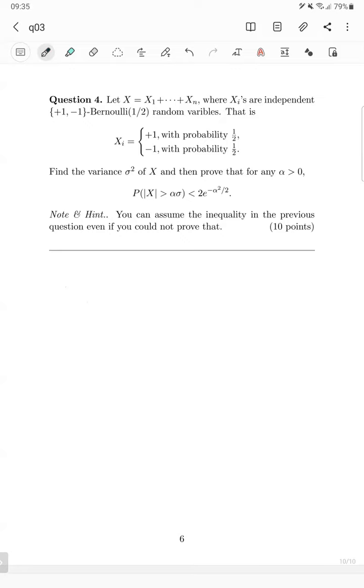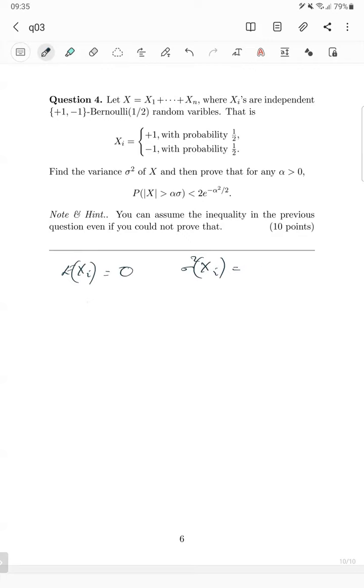First tell me, what is E of xi and sigma squared of xi, the variance of xi? Anyway, we will use it later. E of xi is 0. I think I made a mistake here.